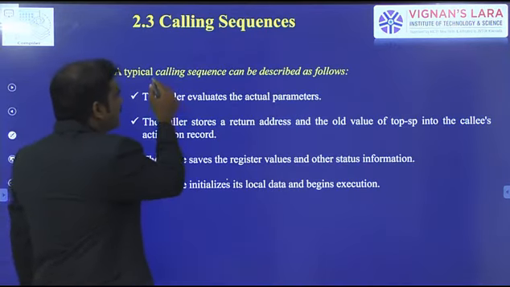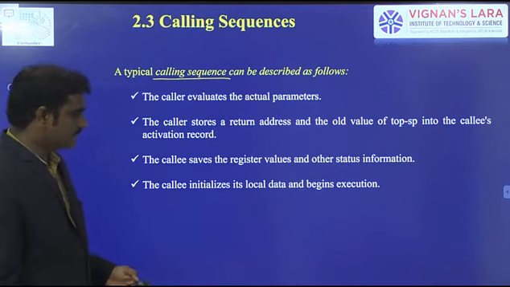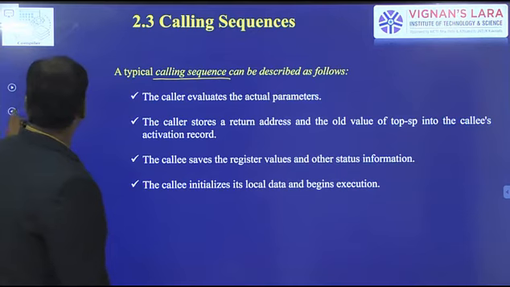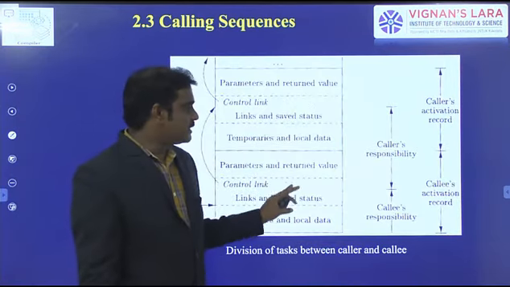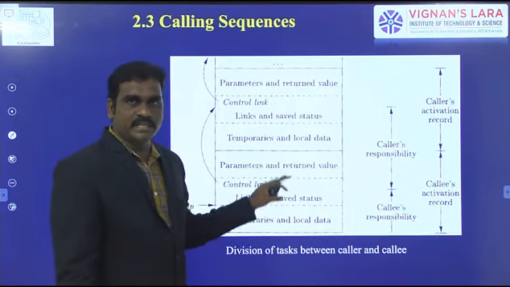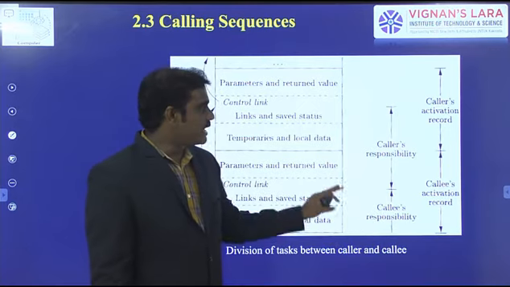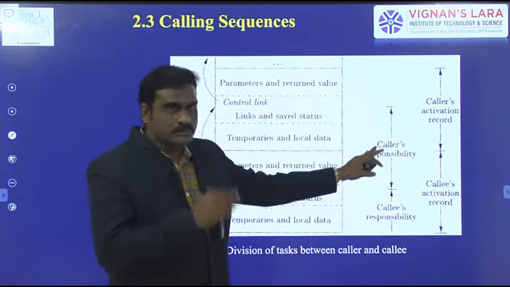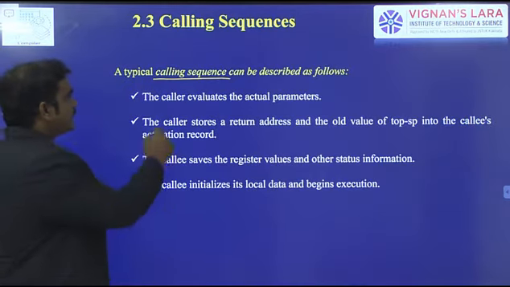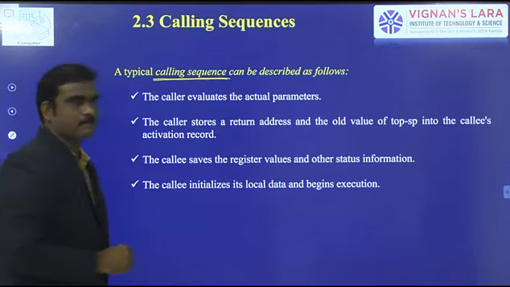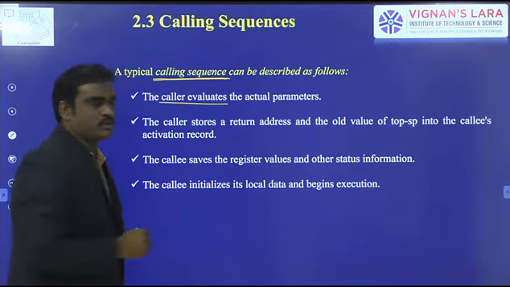And a typical calling sequence can be described as follows. Suppose this is the caller's activation record and this is the callee's activation record. In these cases, what are the actions in the callee's responsibility and what are the actions in the caller's responsibility? The first one is the calling sequence. First, the caller evaluates the actual parameters.